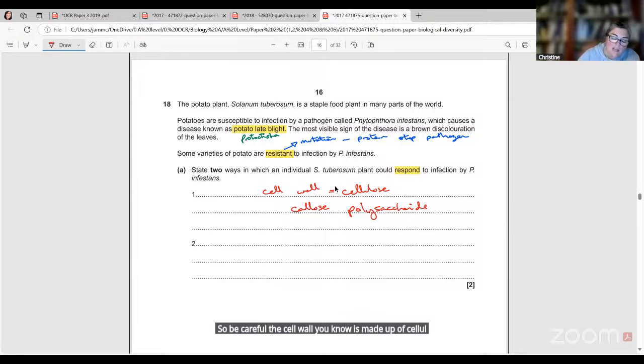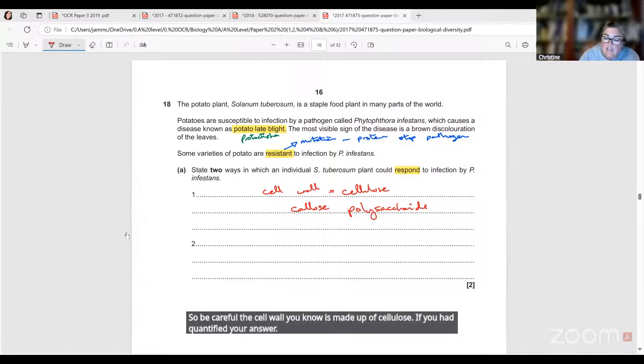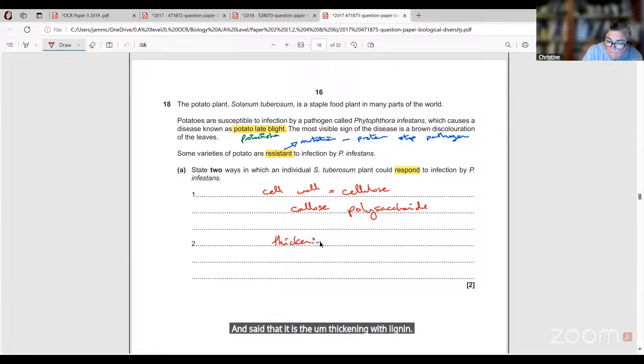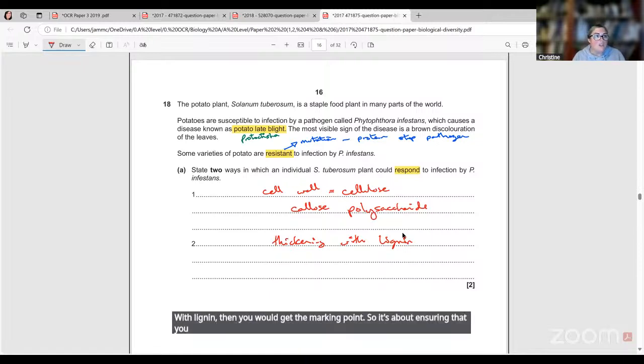If you had quantified your answer and said that it is the thickening with lignin, then you would get the marking point. So it's about ensuring that you are giving the right information. No, the cellulose doesn't thicken.